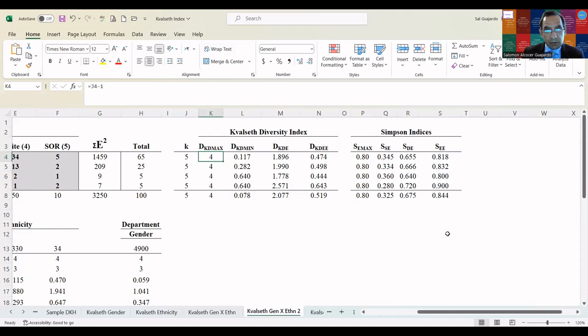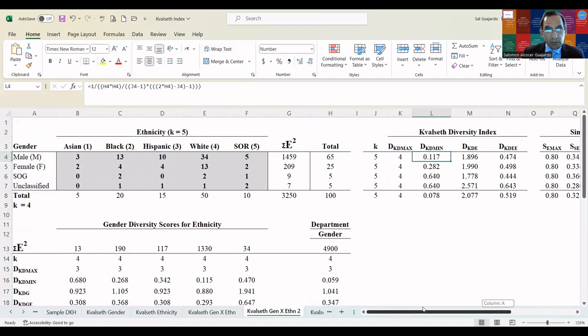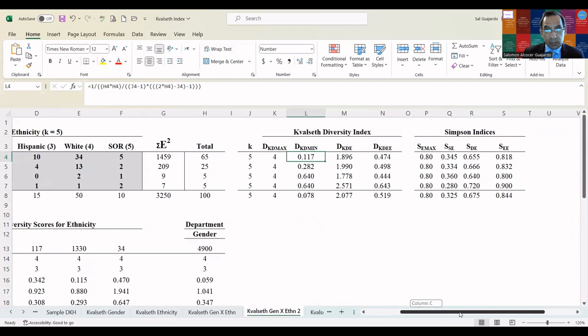Again, remember that the Kvalseth maximum score is k minus 1, so it's 5 minus 1, so the maximum score is 4. And again, I'm looking at it in terms of the ethnic group by gender, so the first row is for males. So I'm looking at the diversity of the male group.